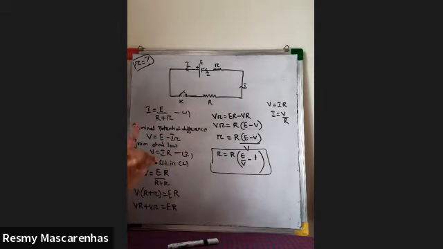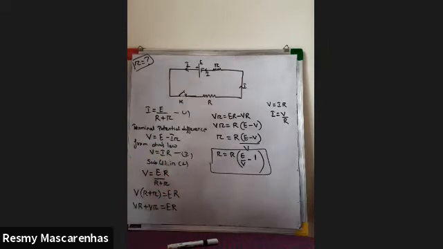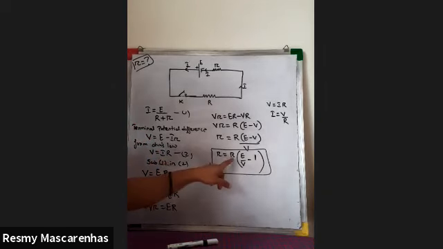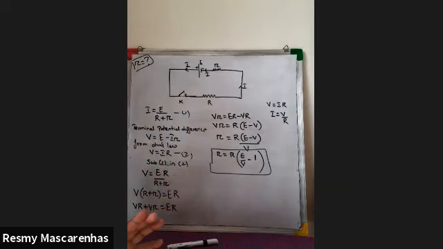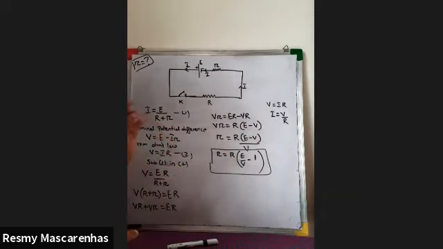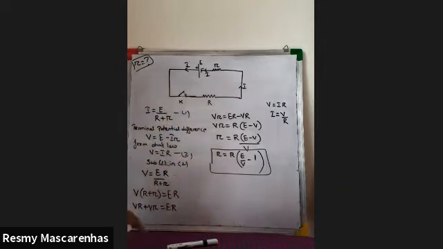Please don't make that mistake. Internal resistance is always denoted by small r. External resistance is always denoted by capital R. So please don't jumble it up. Internal resistance means small r. External resistance means capital R.